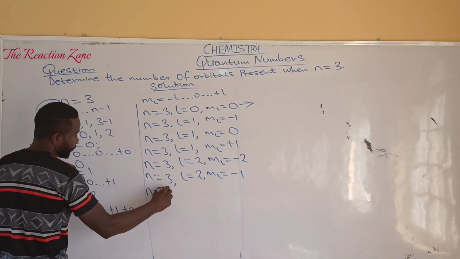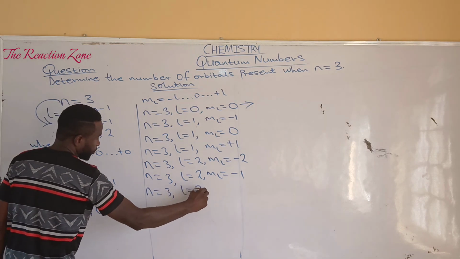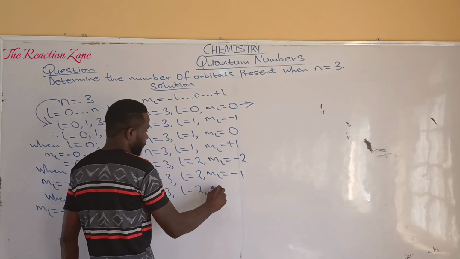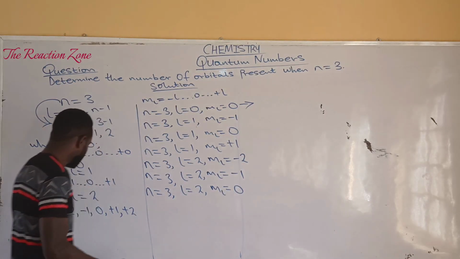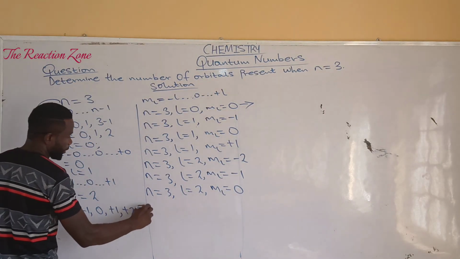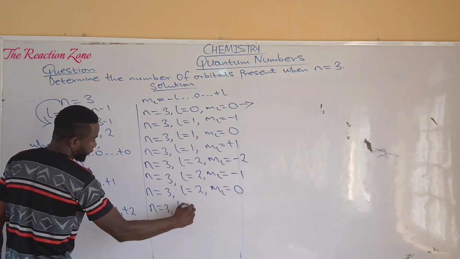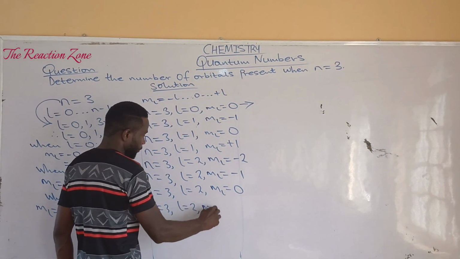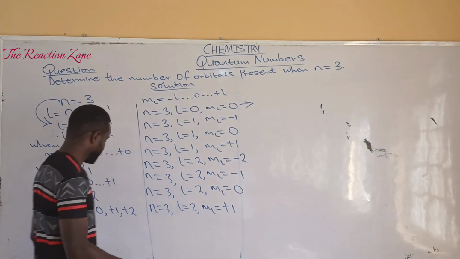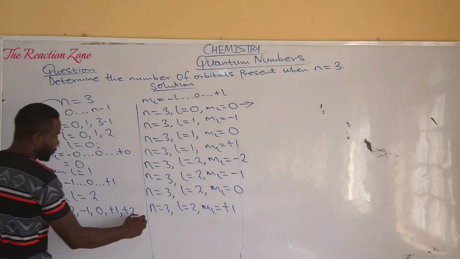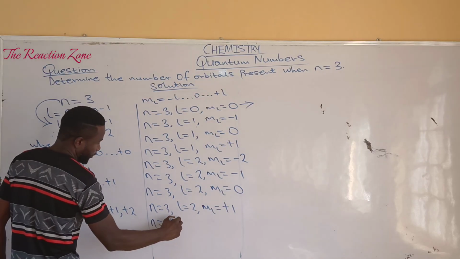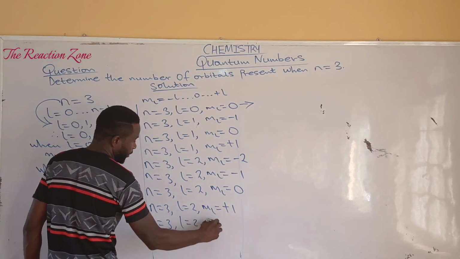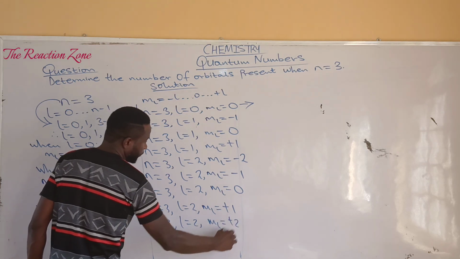When n is equal to 3, L is equal to 2, the next value of ML is 0. The next value of ML is plus 1. And the next value of ML is plus 2.